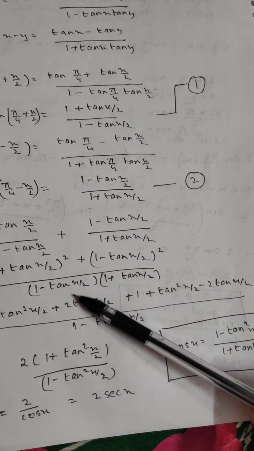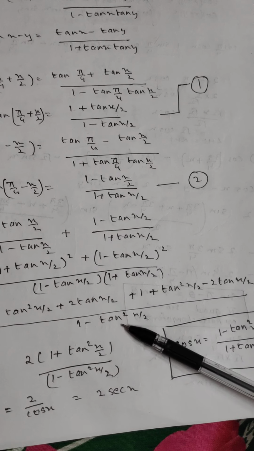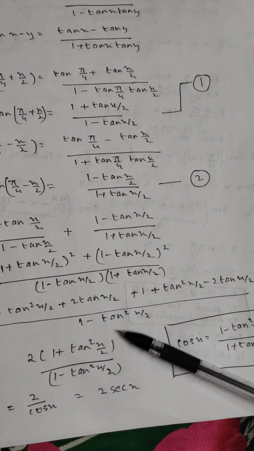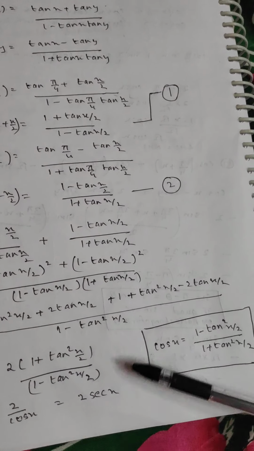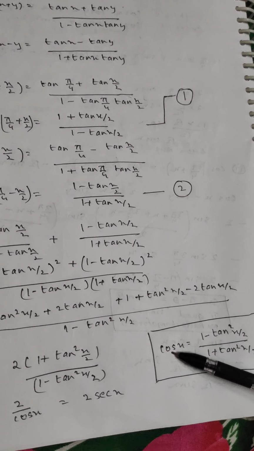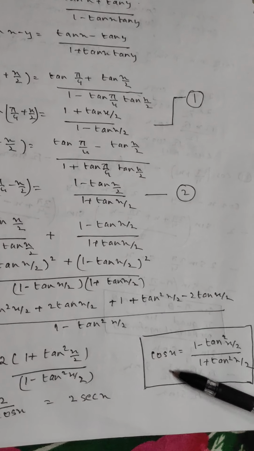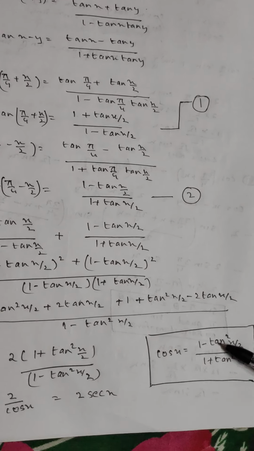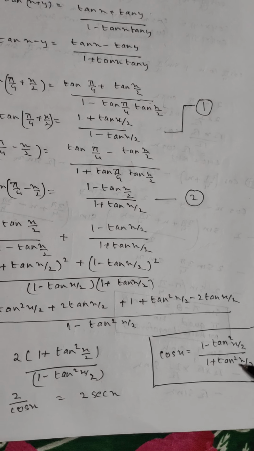In the denominator we are using (a plus b)(a minus b) equal to a square minus b square. 1 square is 1 and tan square we are writing as it is. Now we must know this formula, that cos x is equal to (1 minus tan square x by 2) upon (1 plus tan square x by 2).